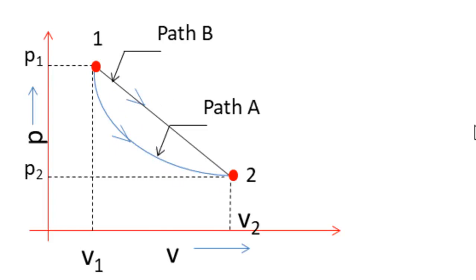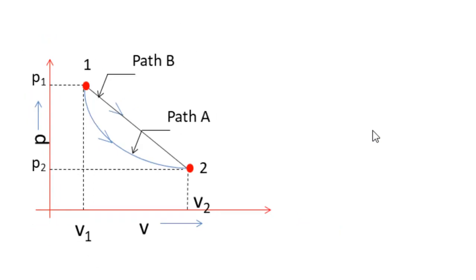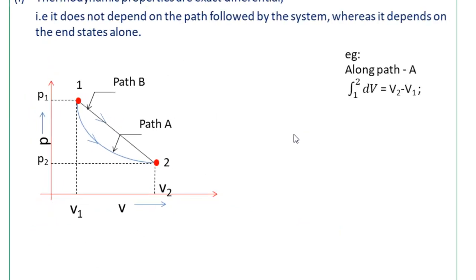Now let us say I want to determine the difference in pressure or the difference in volume along path A and path B. Along path A, the change in volume is V2 minus V1. And along path B, the change in volume is also V2 minus V1. So we get the same value irrespective of the path followed by the system.